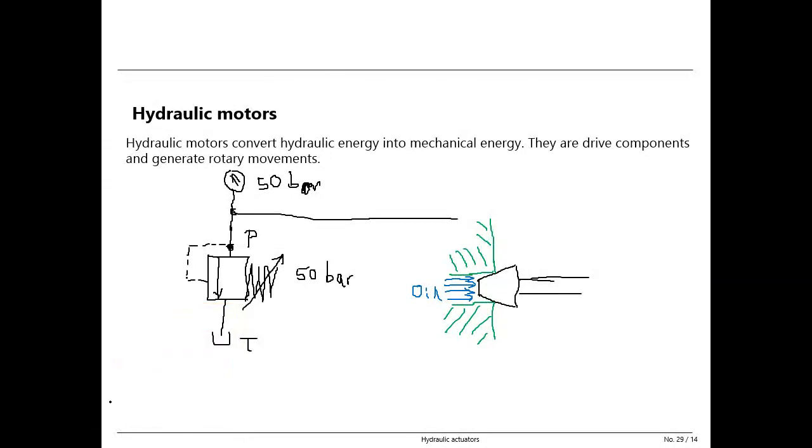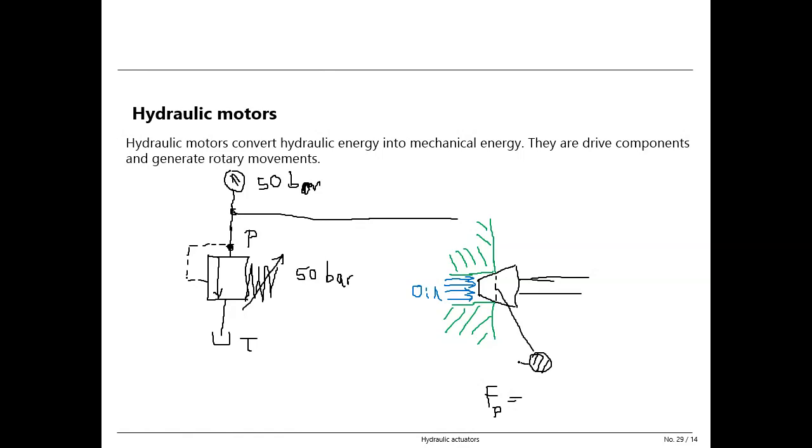Let's use again the black one. This is the cross section here. So affected projection area like this. This is the surface projection area, and force on this area, F oil pressure, let's say, is equal.